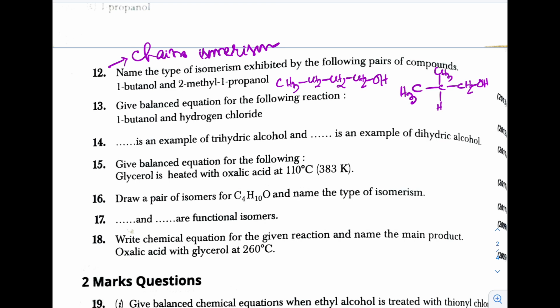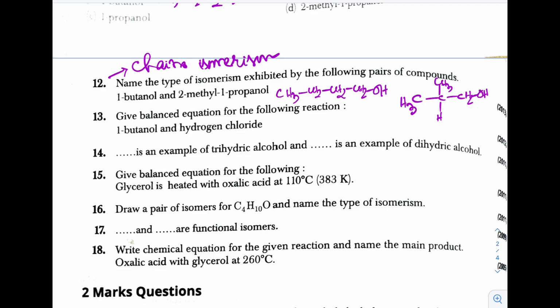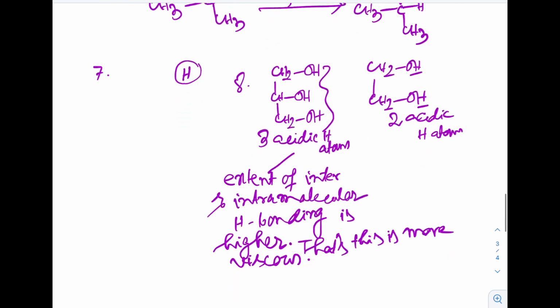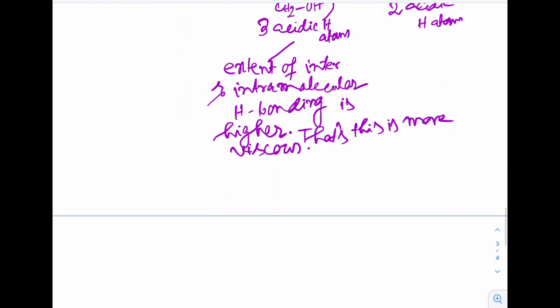Next, give the balanced equation for the following reaction: 1-butanol and hydrogen chloride. Okay, this is question 13. This is 1-butanol.